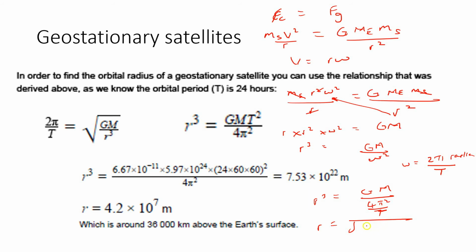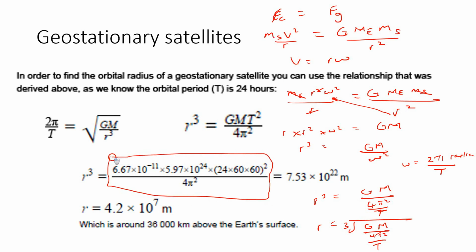So by doing that, the cube root of GM T squared over 4 pi squared would literally give us this thing right here. If we had put in the values, all of this is r cubed. But if we were to find the cube root of this number, it would give us this to show that this would have been the orbital radius of the satellite.